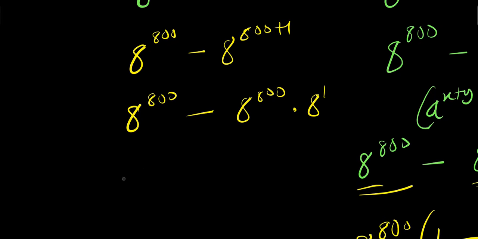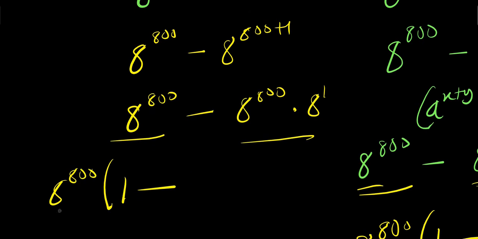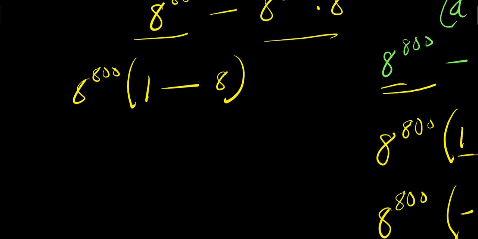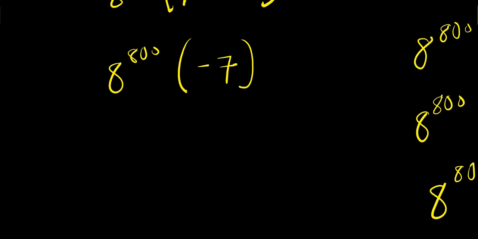Factoring out 8 power 800, this divide this, we have 1, minus this divide this, we have 8. So from here, we have 8 power 800 times this is -7. So from here, we have 8 power 800 times 7 times -1.